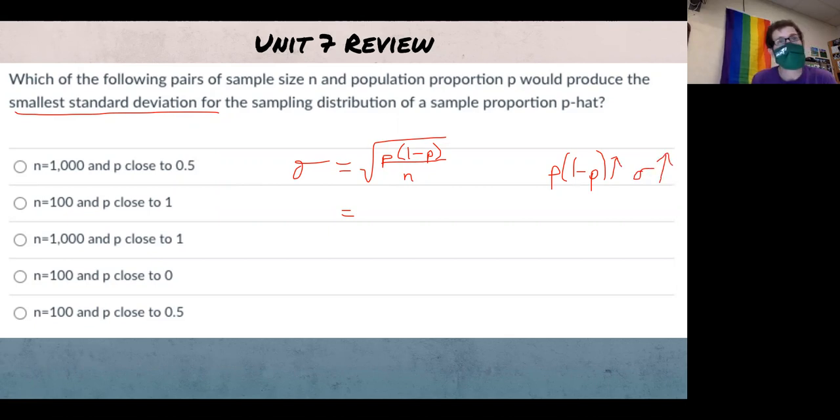And then anything in the denominator is inversely related. So as your sample size goes up, your standard deviation goes down. So we already know we want a big sample size. So I'm going to cross those three out.